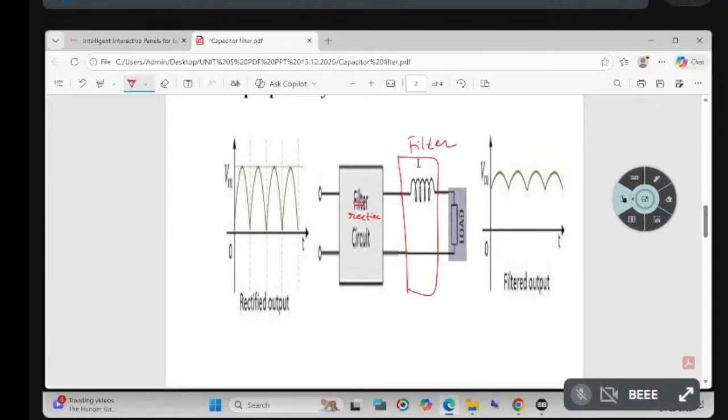Now we'll go for the next one. After drawing this one, make sentences, 1 to 2 sentences.